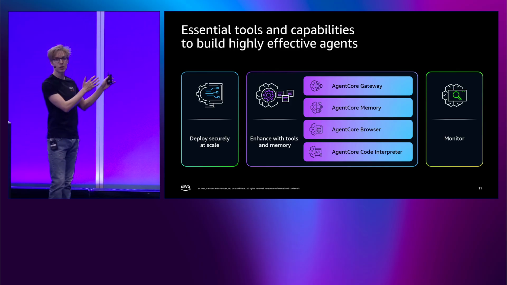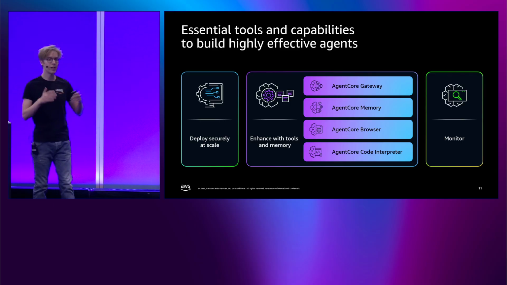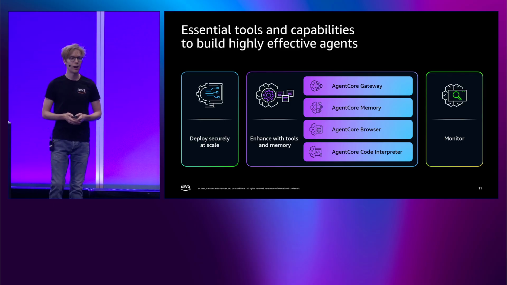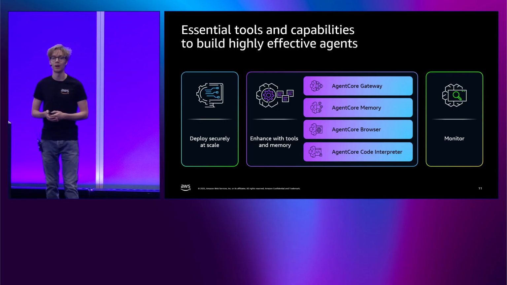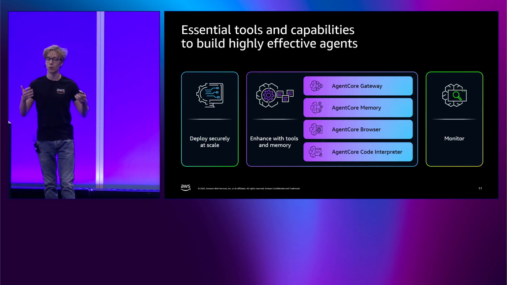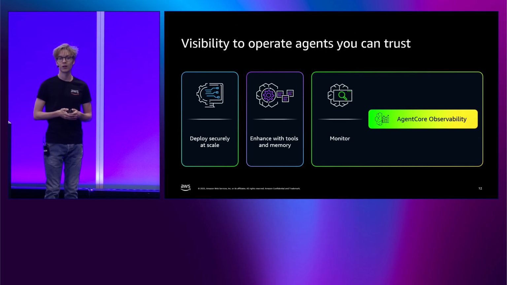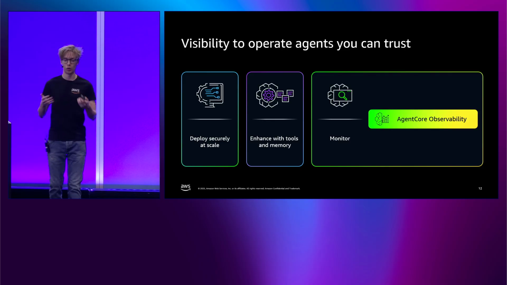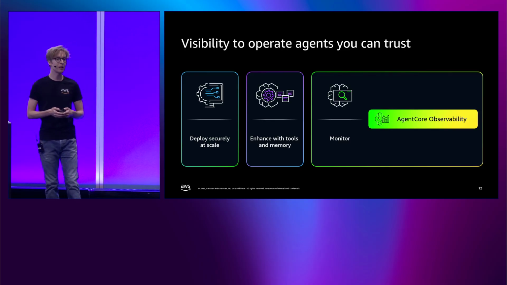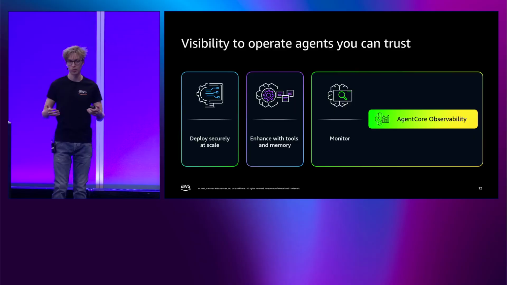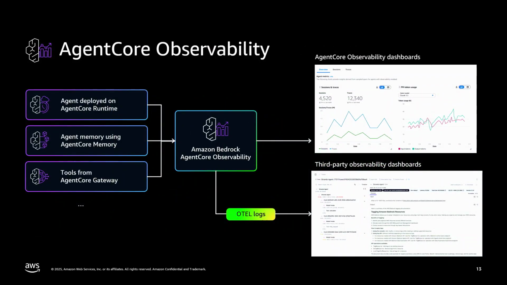And now you have your agent running securely, you have your agent enhanced with additional tools. How do you ensure that this is working well? How do you monitor it once it's operational? So for that, you can use Bedrock Agent Core Observability, which is the capability that allows you to monitor the status and the performance of your agent.